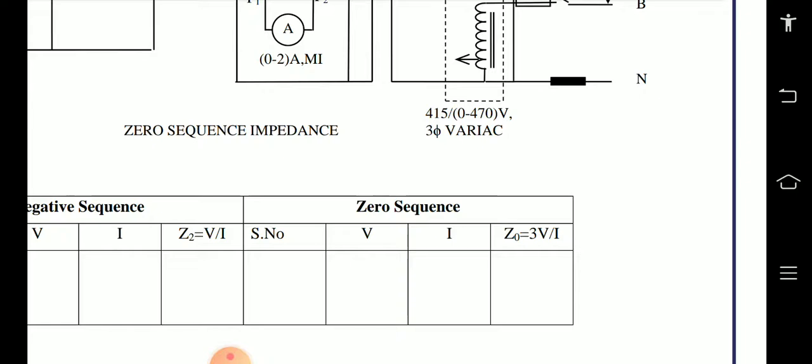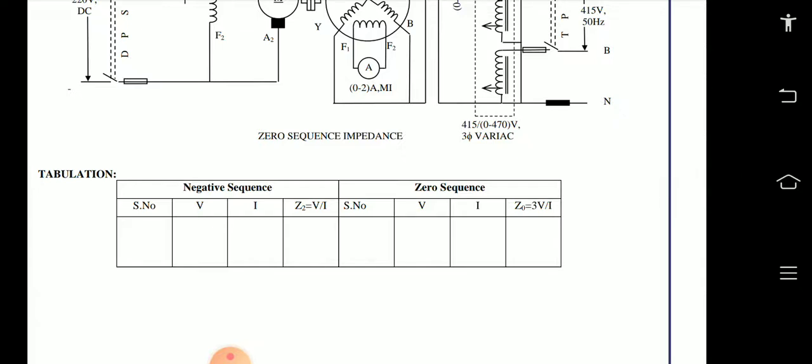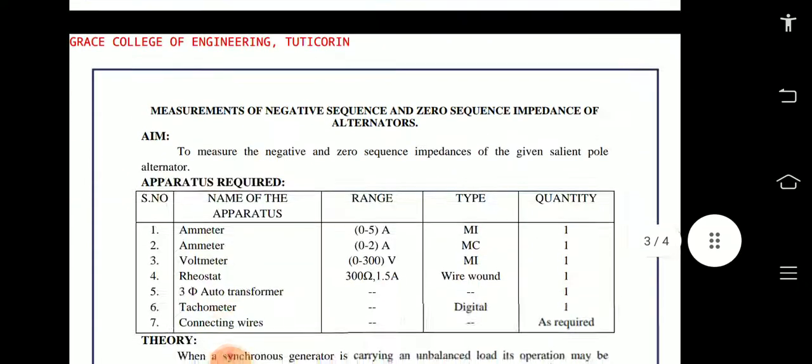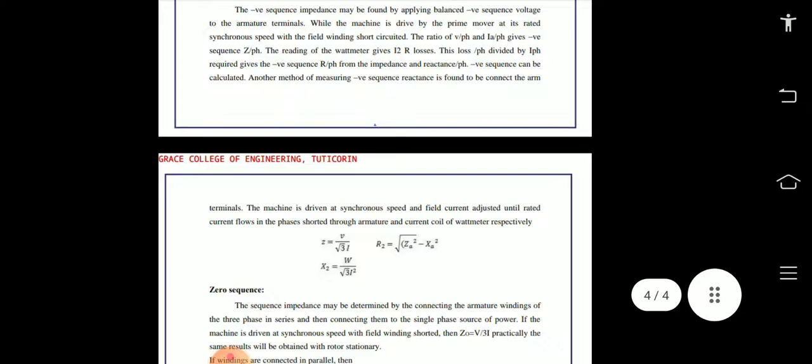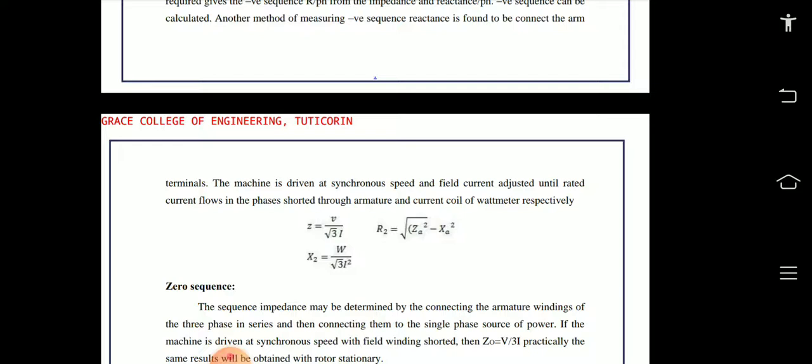From that you can calculate Z0, that is your zero sequence impedance, and that is equal to 3V divided by I. Okay, so this tabular column will give you the impedance of your negative and zero sequence of an alternator. And after that you have to calculate the reactance and also the resistance value with the help of these formulas, for negative and zero sequence separately.